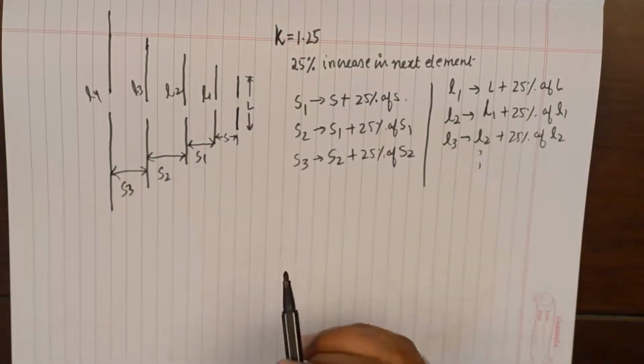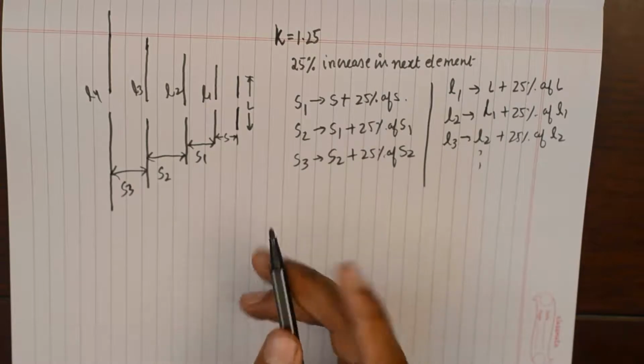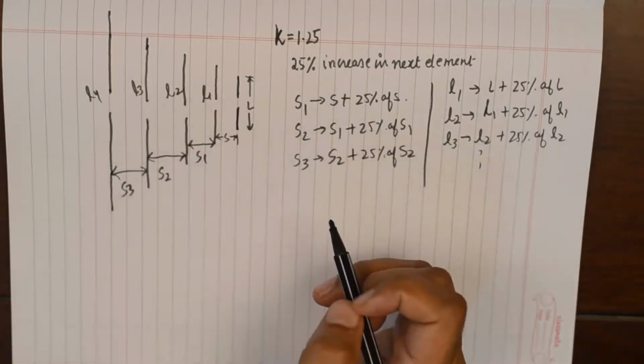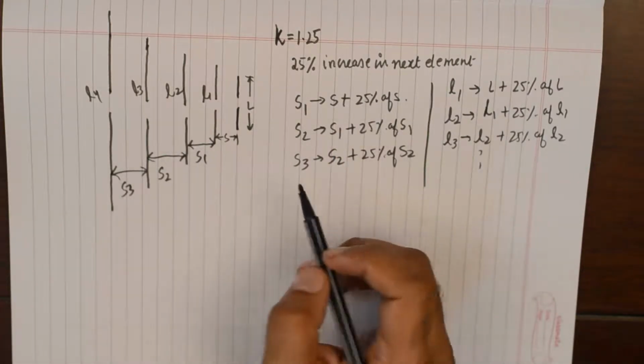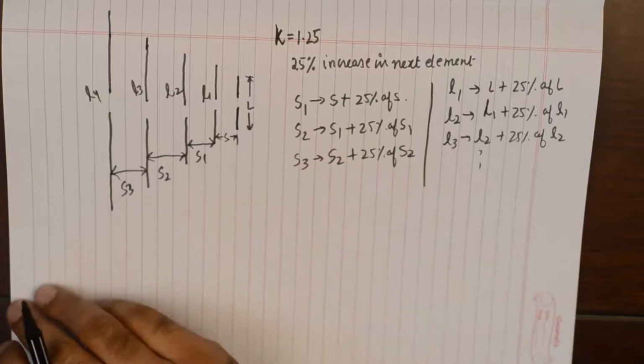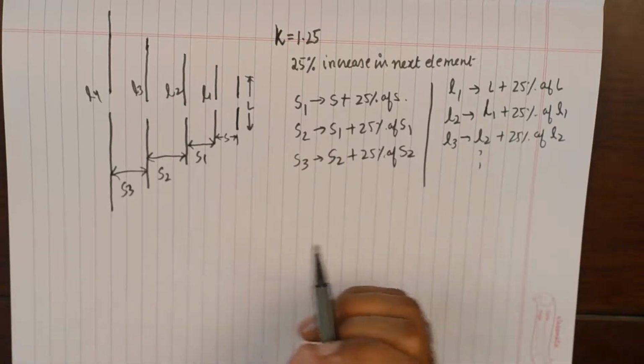Now you shall be able to figure out the first difference between the log periodic antenna array and Yagi-Uda.